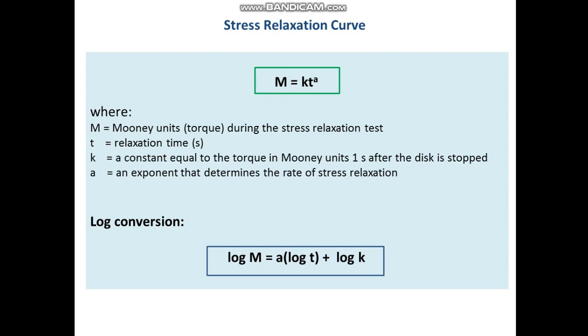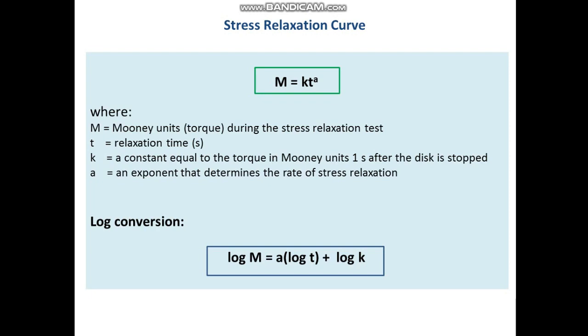K is a constant equal to the torque in Mooney units 1 second after the disc or the rotor is stopped. a is an exponent that determines the rate of stress relaxation. Basically it is the relaxation coefficient or the elastic coefficient.